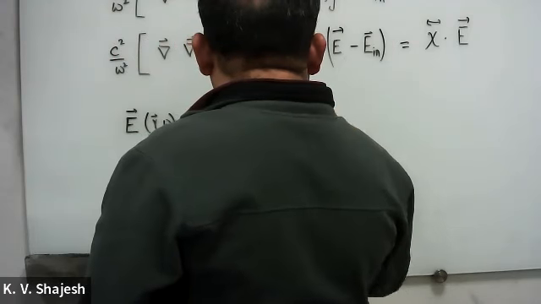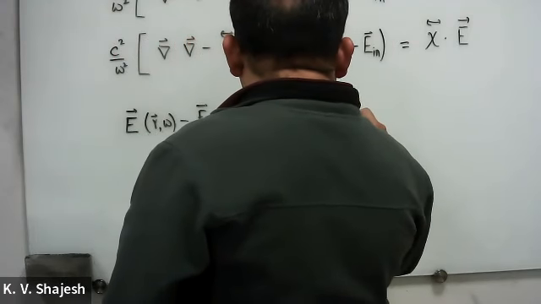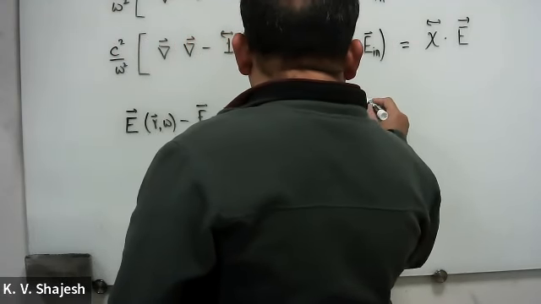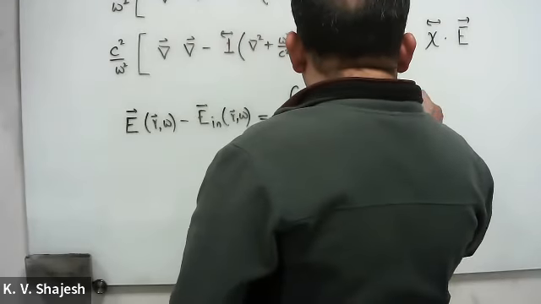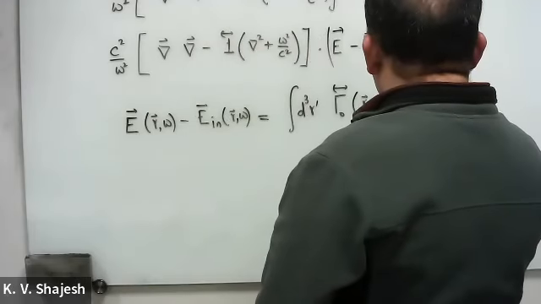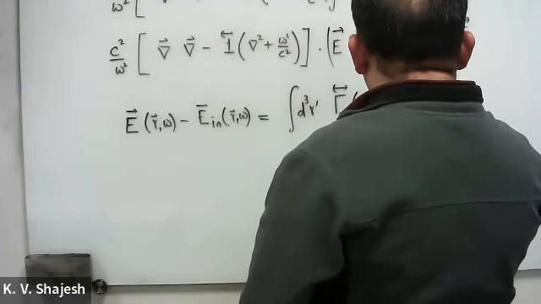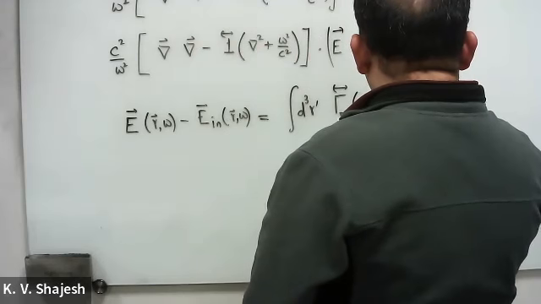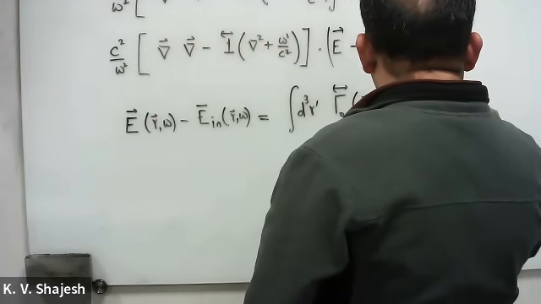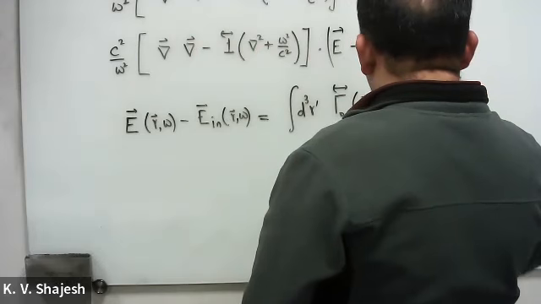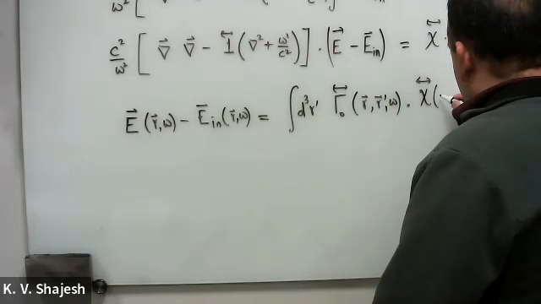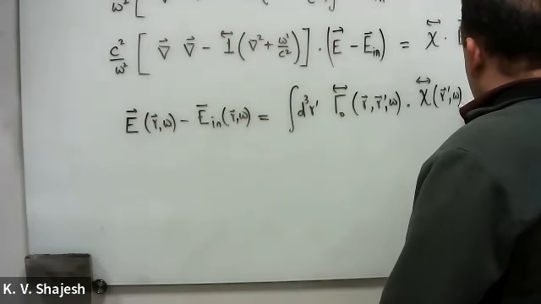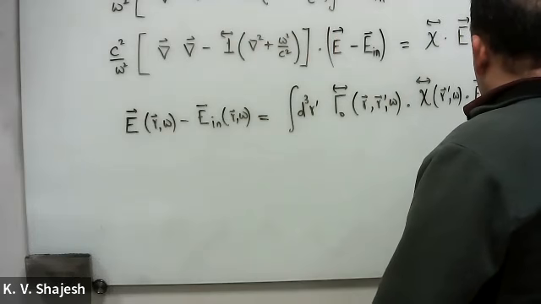So this is the integral d^3 r prime, Green's dyadic G of r comma r prime, omega, dotted with the source, which is chi of r prime, omega dotted with E of r prime.